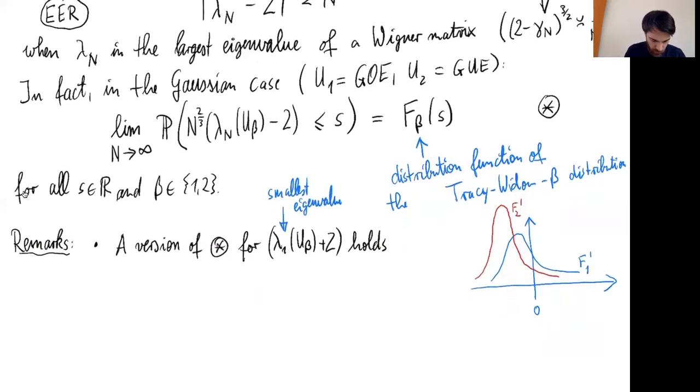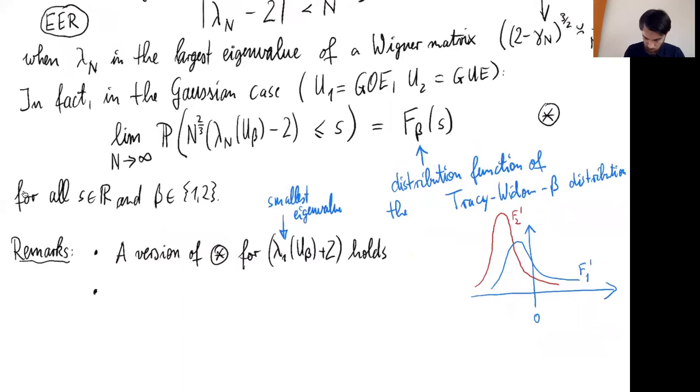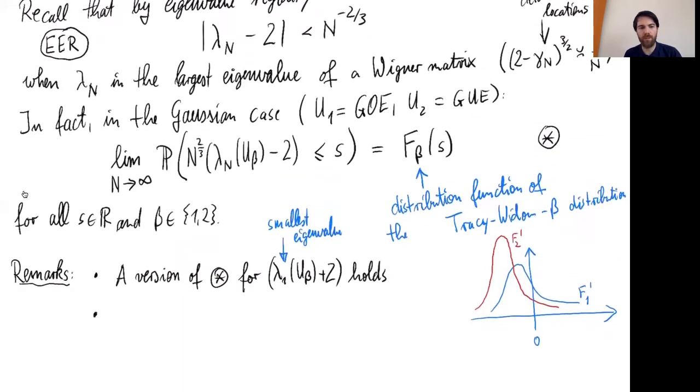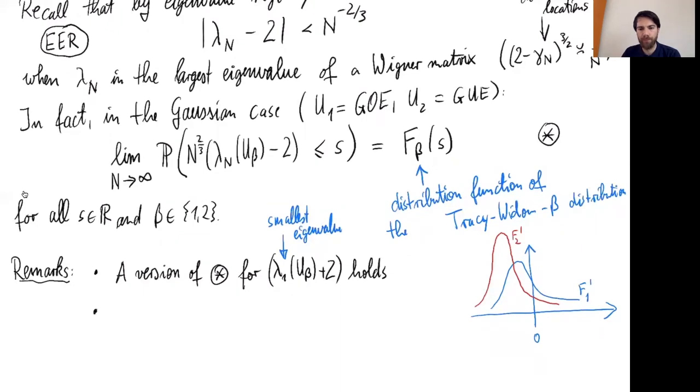And one can write it similarly. You remember that in the bulk we used K-point correlation functions, and here you can do the same thing. It's just that this here is somewhat nicer to state.